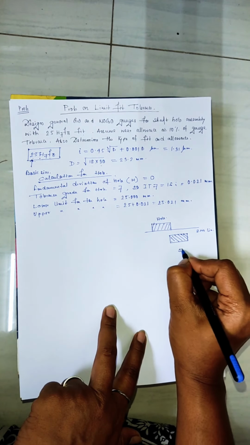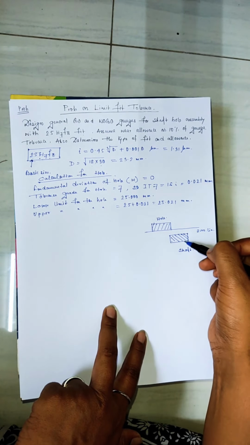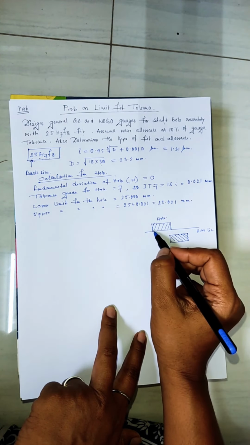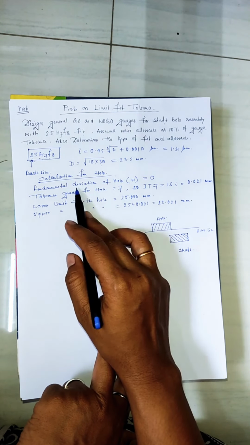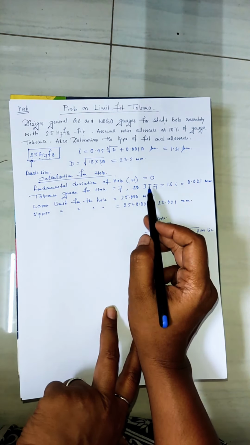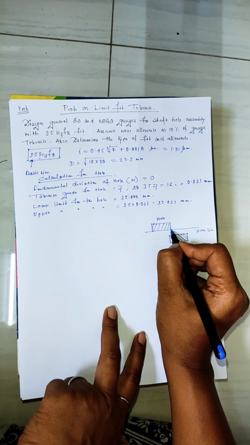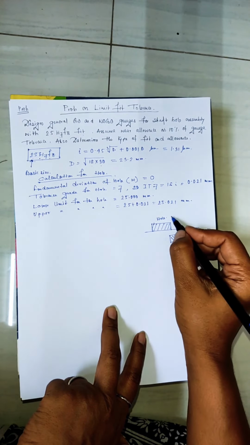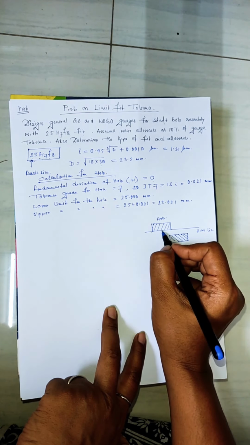Clear? मैं shaft में बाद में आ रही हूँ, तो पहले होल को समझा रही हूँ. ये होल कैपिटल H is a fundamental deviation. We write 0. So 0 fundamental deviation is a difference between the zero line to lower limit of the hole. So zero line to lower limit of the hole is 0.